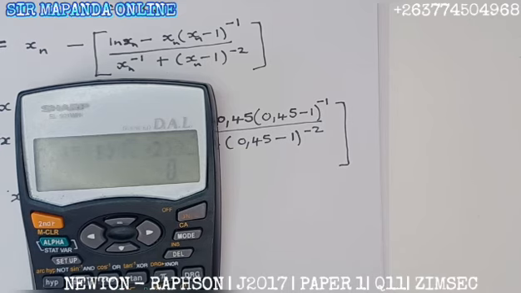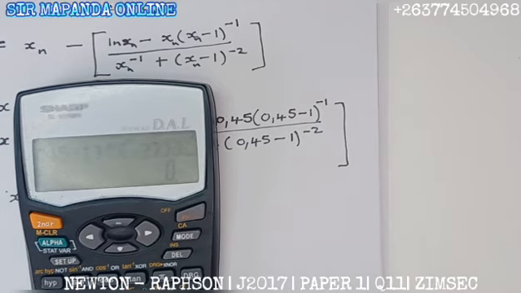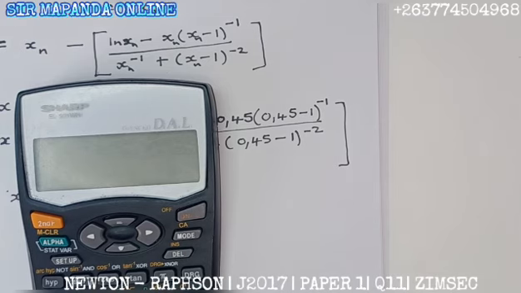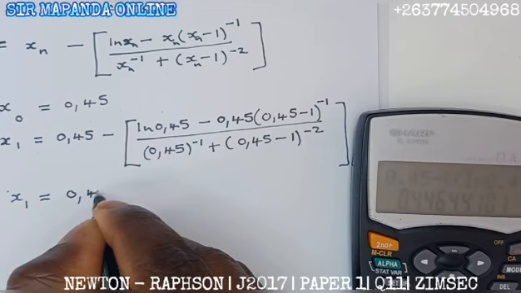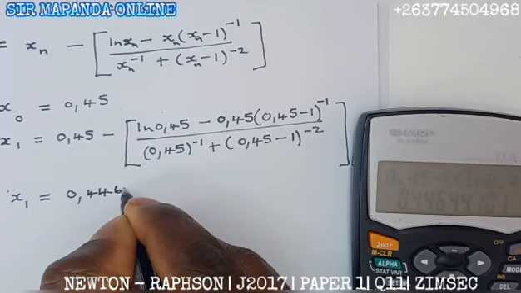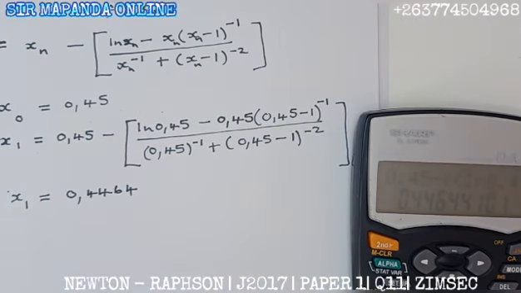Then you put close bracket, you put another one, equals, you get 0.4464 to 4 decimal places required. So you write 0.4464 is the first approximation.